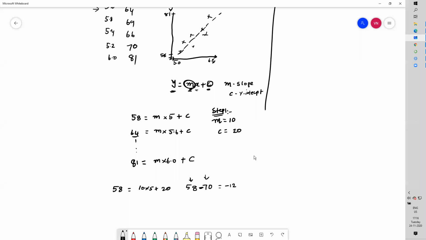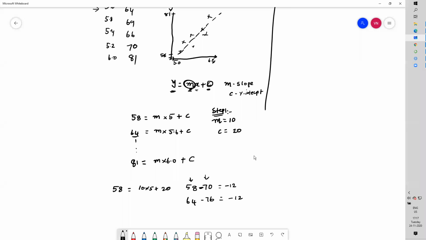Similarly, for the second observation, 5.6 into 10, 56 plus c, 20, 76. So 64 minus 76, again minus 12.